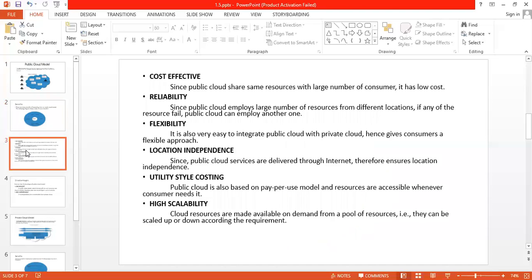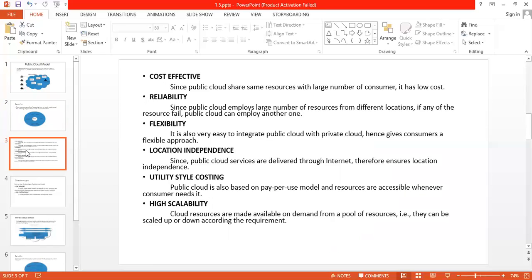We will see one by one. Cost effective: since public cloud shares the same resources with a large number of consumers, it has low cost. As we have seen in the diagram, a number of customers are using the same services at the same time, so it has low cost.